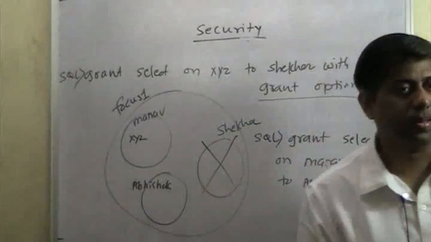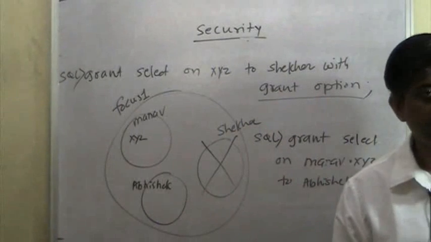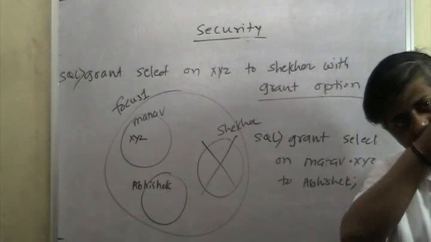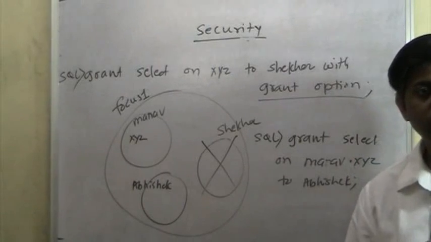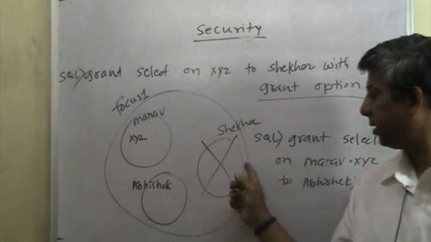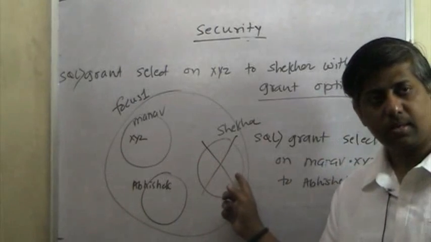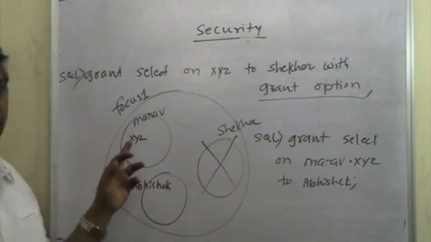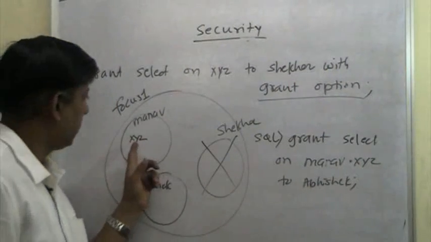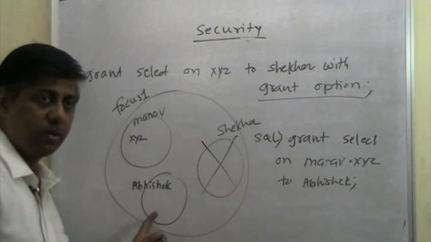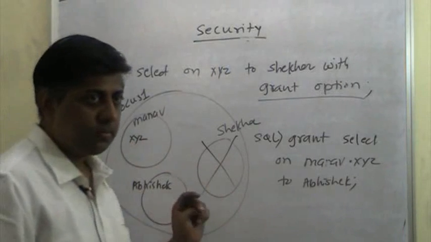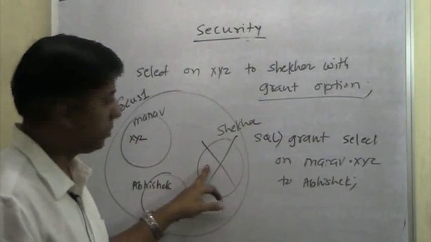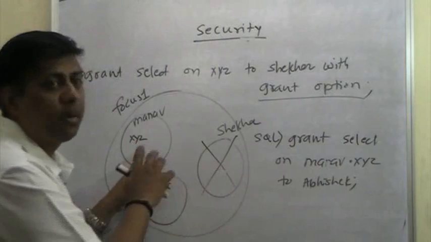You said grant and revoke can only be done by the owner. Yes, the owner. If Shekhar doesn't want to access the XYZ table, his select privilege has to be revoked.